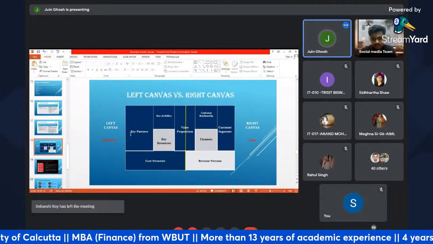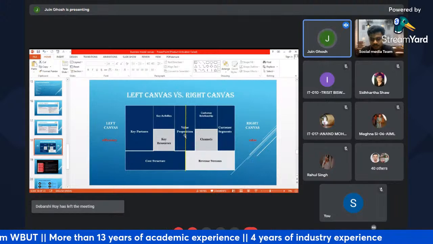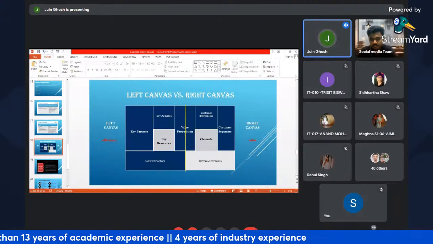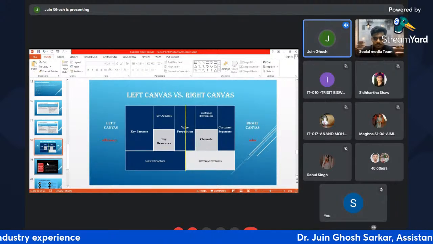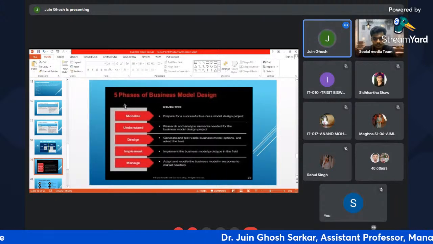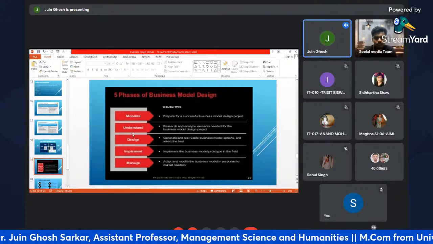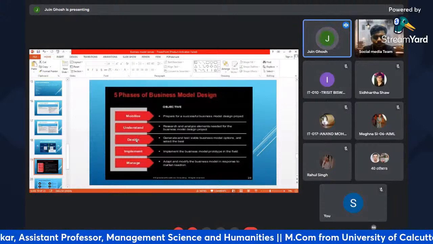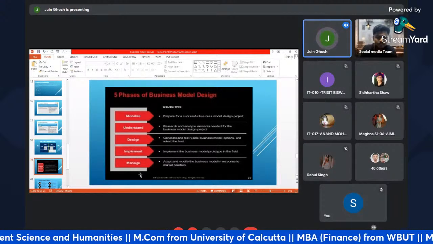So this is the performance of the organization before or after launching the product, and this is the value that you are generating from the loyal group of customers. So these are the 5 phases of business model design: first of all, mobilize, then understand, design, implement, and manage. These are the 5 phases.